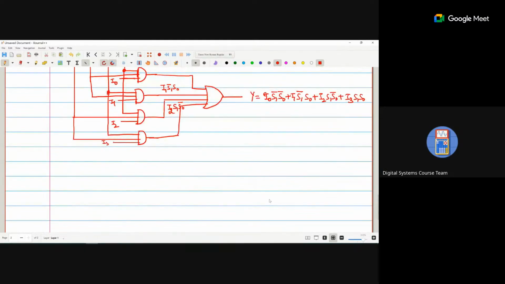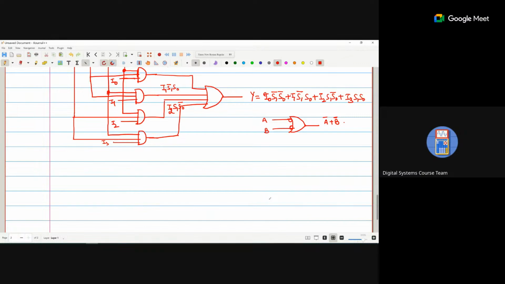Now, if you remember, when we were discussing logic gates, if A is connected here and B is connected here, what is the equation? A plus B. But in case of this one, if I use this one, now what is the equation? A bar plus B bar.